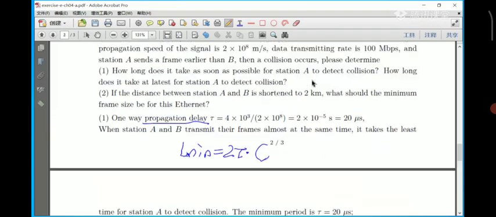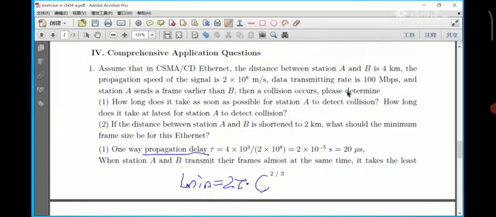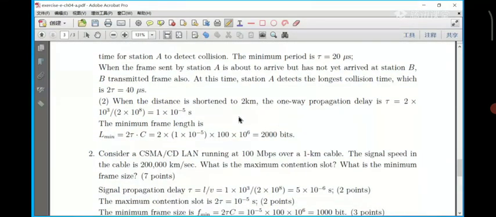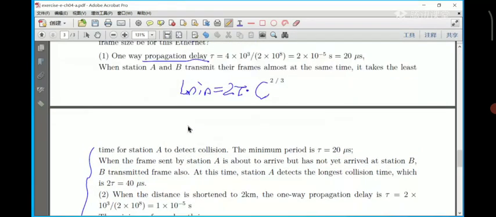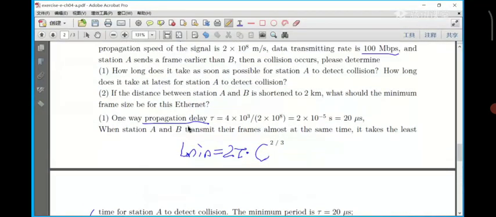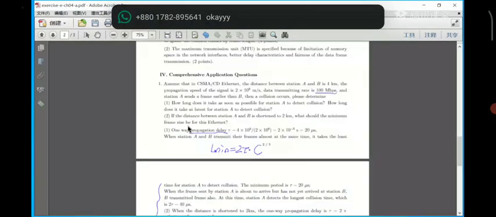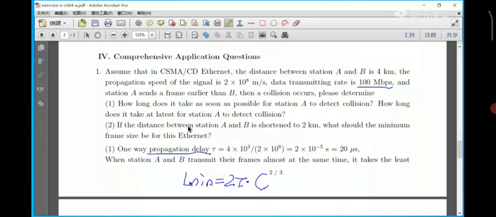C is 100 Mbps. Okay, so we can determine this. We have illustrated this when we finished chapter 4, right?